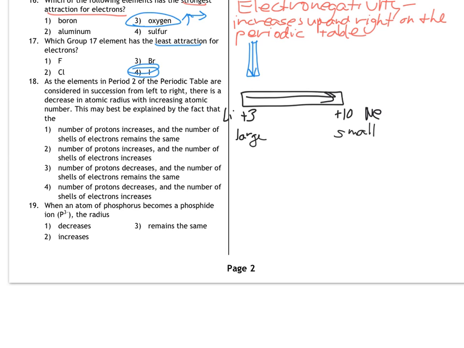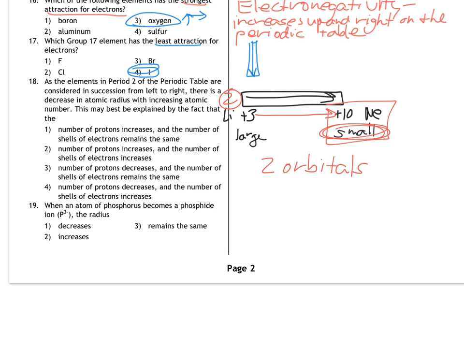Since lithium and neon both have the same number of orbitals, since they're in period 2, they both have 2 orbitals. And that makes them sort of similar sizes, but what's going to really make the difference here, the reason why neon's going to be smaller, is because neon has more nuclear charge. So it has more protons in the center, and more protons are drawing those electrons in, which will make its atom small.